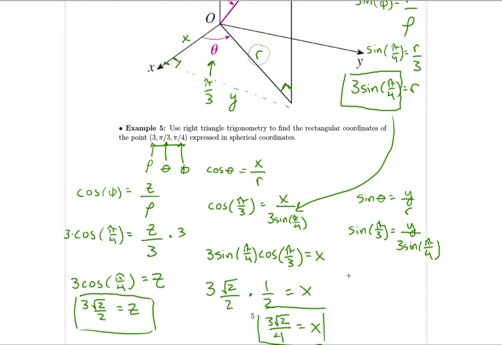So our y value is 3 sine pi over 4 times sine pi over 3. That's our y value, which is 3 root 2 over 2, root 3 over 2. So this is going to be 3 square roots of 6 over 4 is equal to my y.